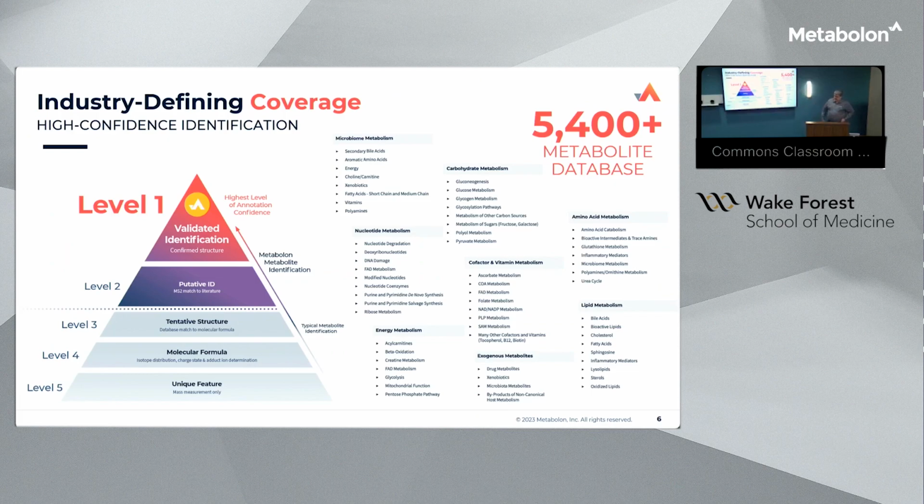So these are just on the right-hand side some examples of the pathways that we cover. And within this global discovery panel that we have, we give you a vast array of metabolites covering 70 different biological pathways that we can profile. And so this gives you a lot of opportunity to discover those correlations with genomics, transcriptomics, and proteomics.